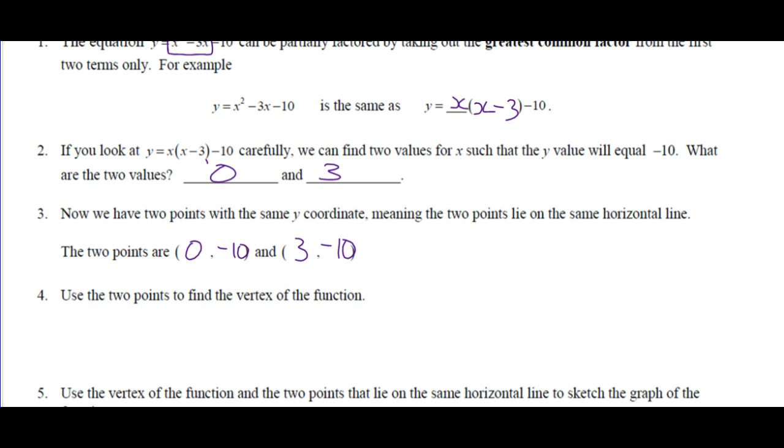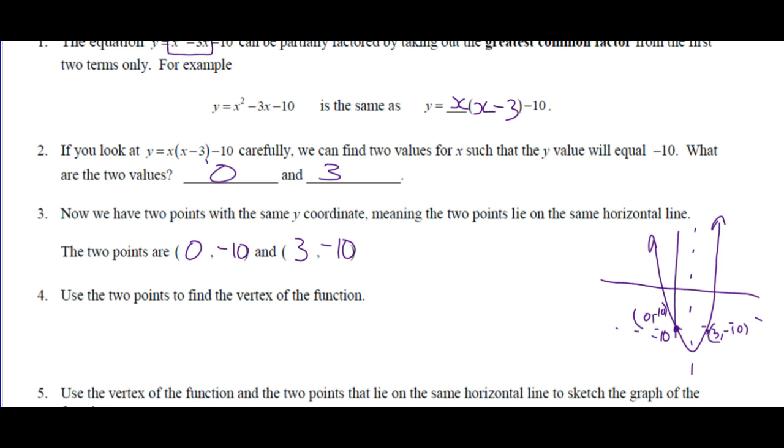If I have 2 points on a horizontal line, in this case it looks something like this. This is negative 10, and I have 0, and I have 3. So this is (3, negative 10), and this is (0, negative 10).